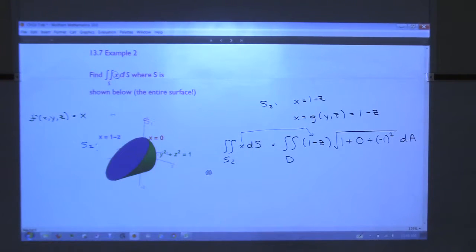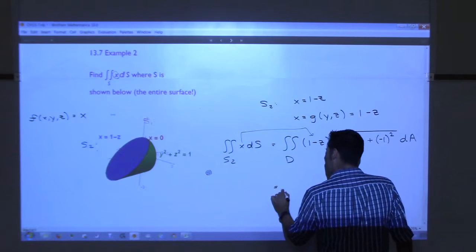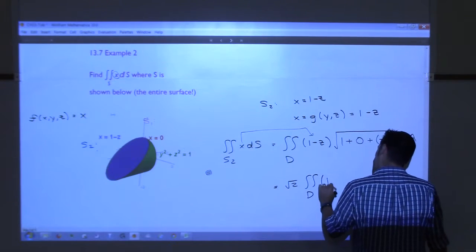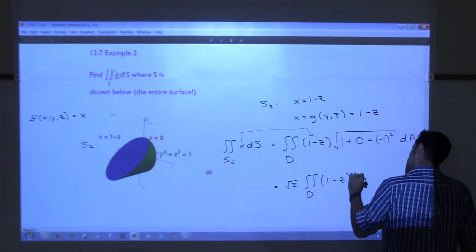You following me? So we got a root 2 there, right? That root 2 can just come out of everything. It's a constant. Root 2, double integral over D of 1 minus z dA.